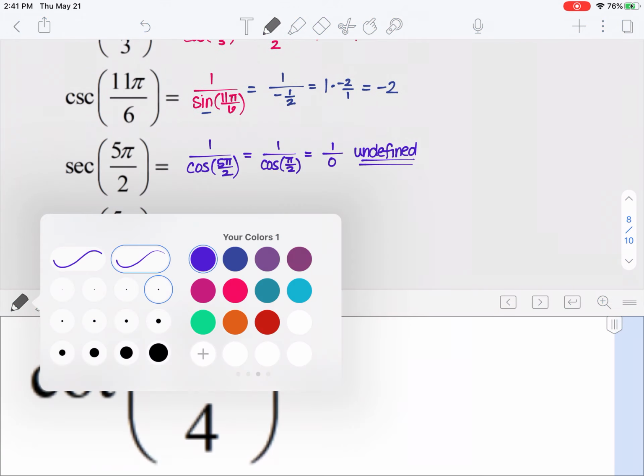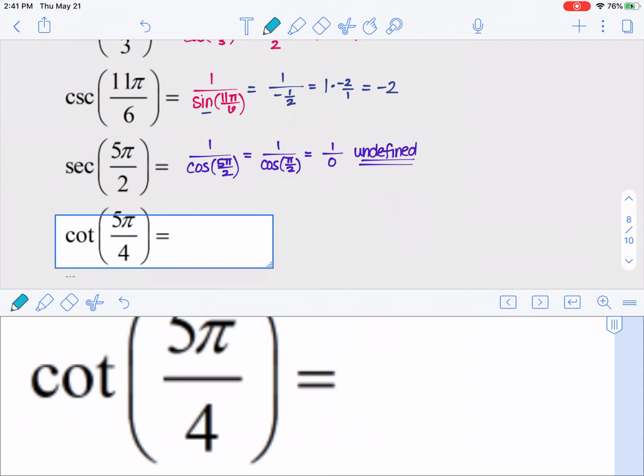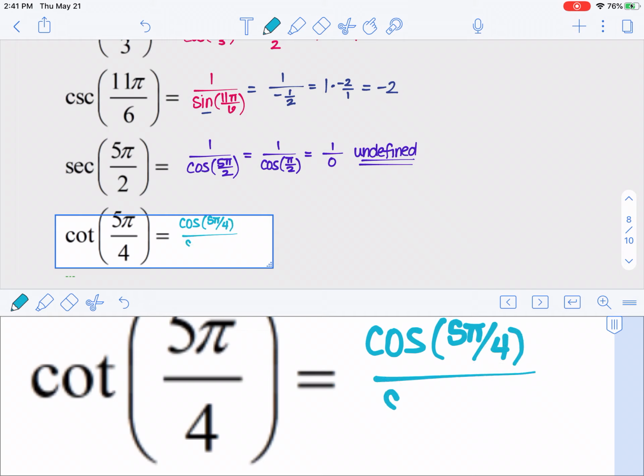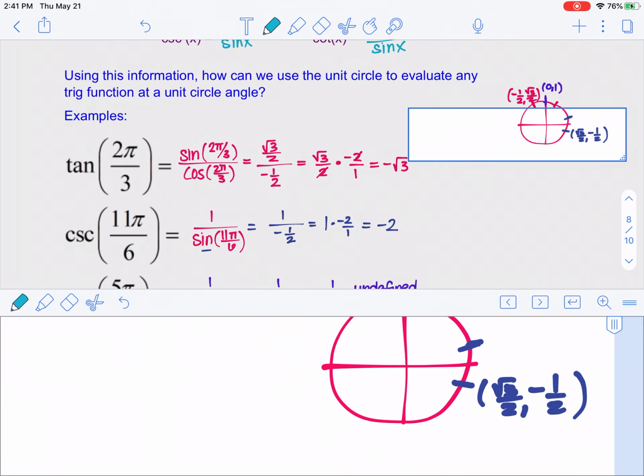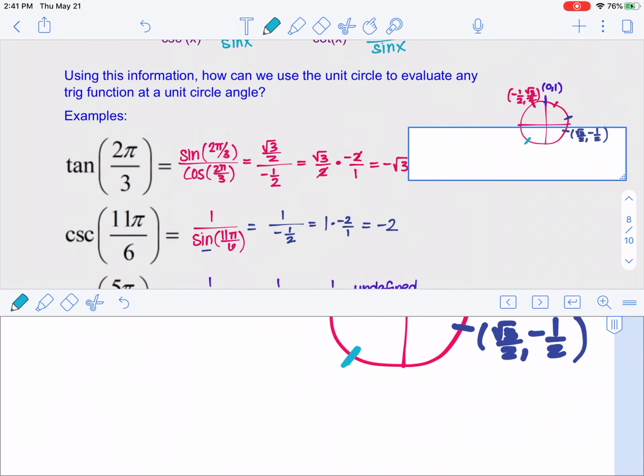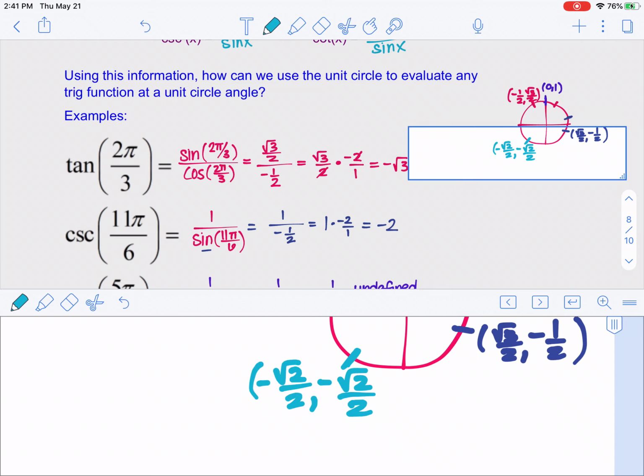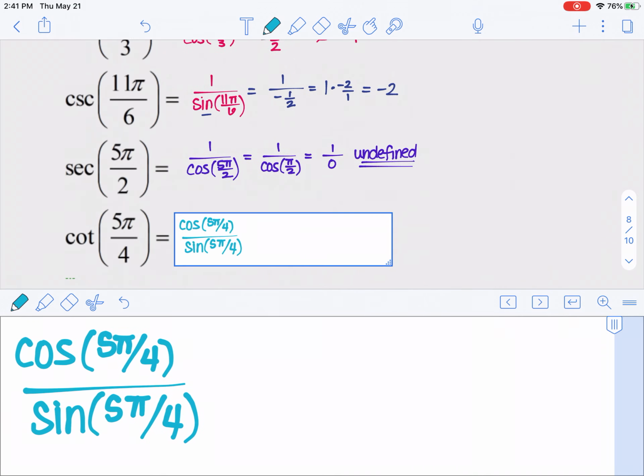Okay. All right, last one, cotangent of 5 pi over 4. Same thing as cosine of 5 pi over 4 over sine of 5 pi over 4. So really all I need is the ordered pair at 5 pi over 4, and again, it's this one right here. In the third quadrant, both the x and y coordinates are negative, and so I'm going to have negative root 2 over 2 divided by negative root 2 over 2.